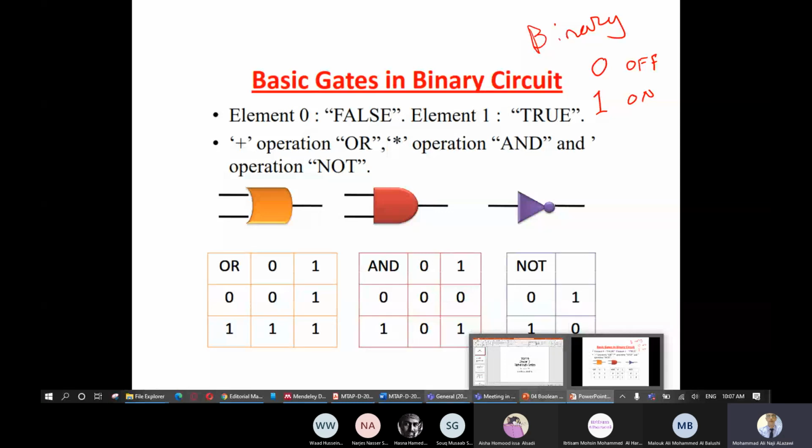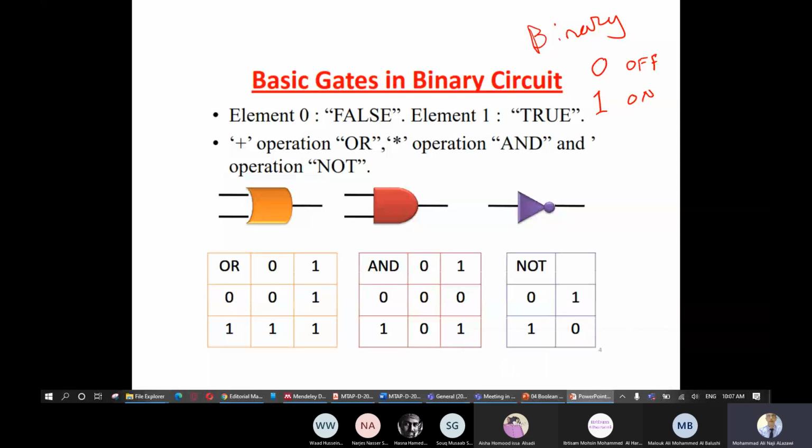So these are the main states for any electronic devices, because we are going to use this representation to represent other number systems. You cannot use any electronic device to perform operations on the decimal number system or on the octal number system, etc. So we can process only the binary number system.